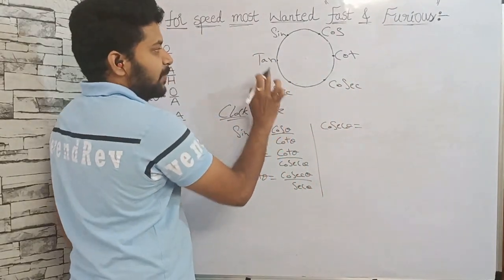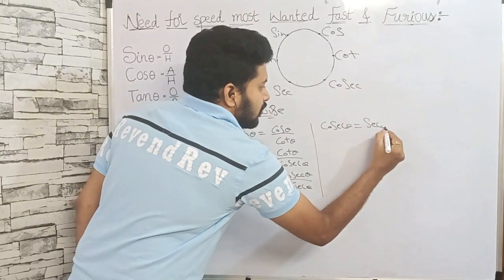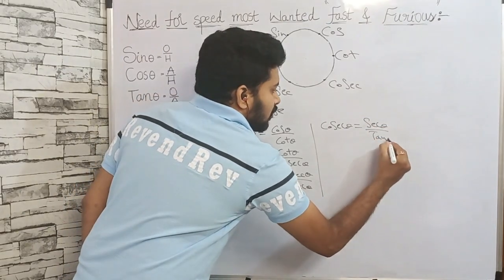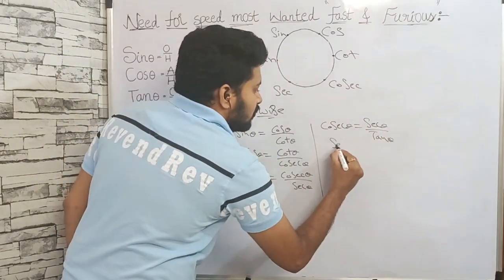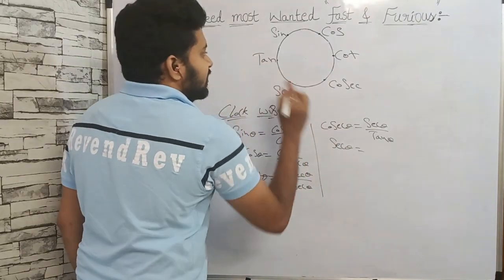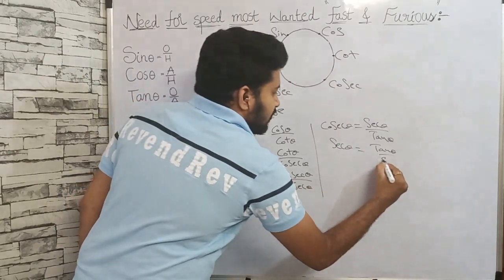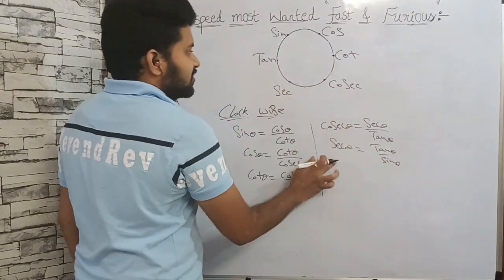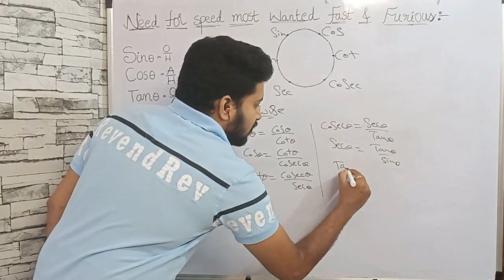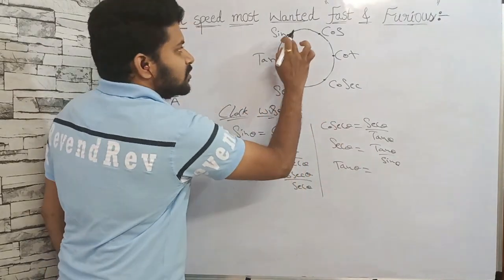Cosecant theta is equal to secant by tan. After cosecant I have secant theta. Secant theta is equal to tan theta by sin theta. And after secant I have tan. Tan theta is equal to sin by cos.